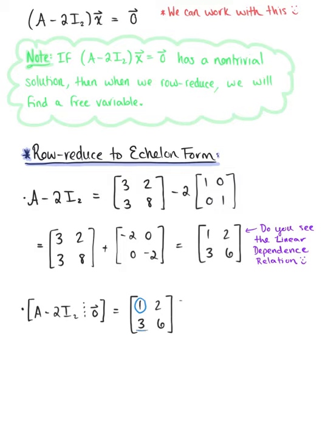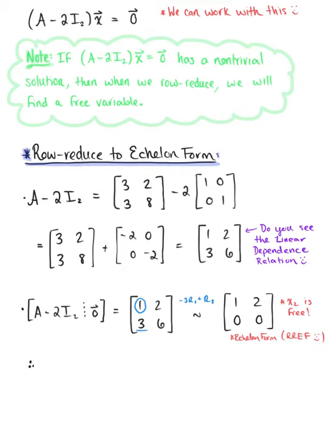So if we do minus 3 times the first row plus the second row, our first row remains the same: 1, 2. Negative 3 plus 3 is 0. Negative 6 plus 6 is 0. We've got echelon form. And we can see here that x sub 2 is a free variable, so a non-trivial solution exists.